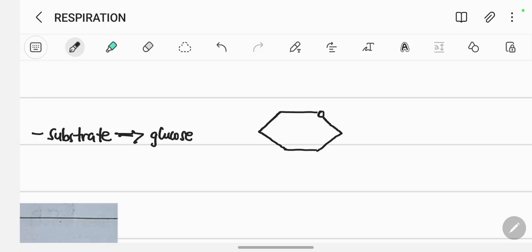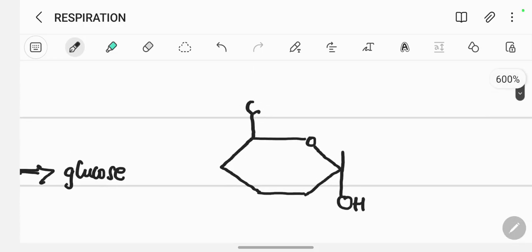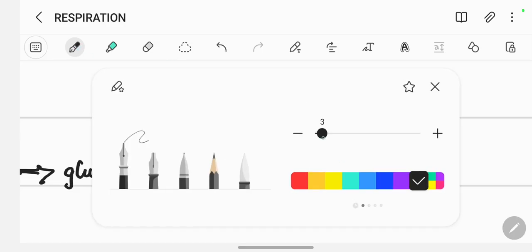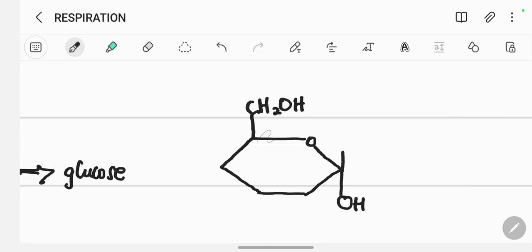I'm going to use alpha glucose. So it's going to be OH, CH2OH. Let me try to reduce this.